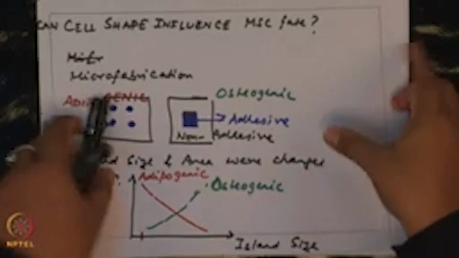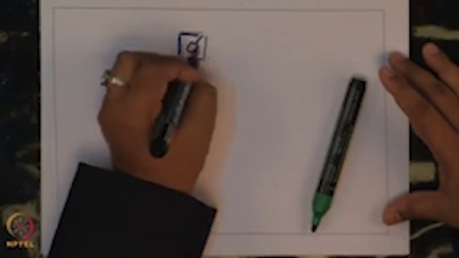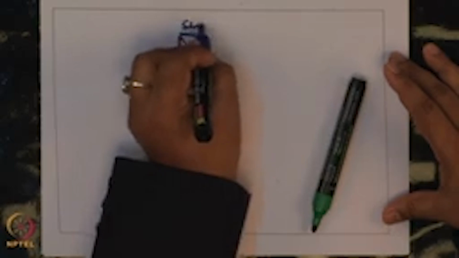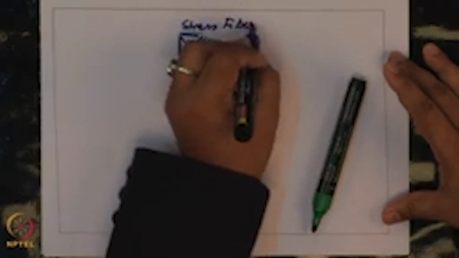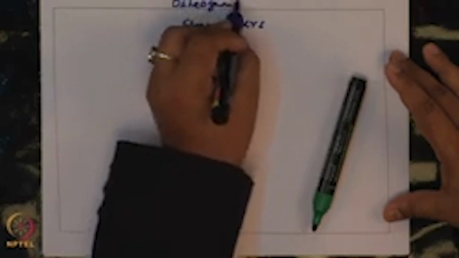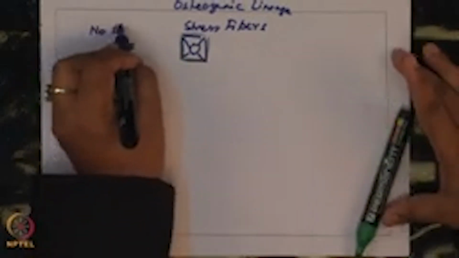Now, when they looked at the cells, you had strong stress fibers in cells which differentiated into osteogenic lineage. And in case of adipogenic differentiation in small islands, there were no stress fibers.